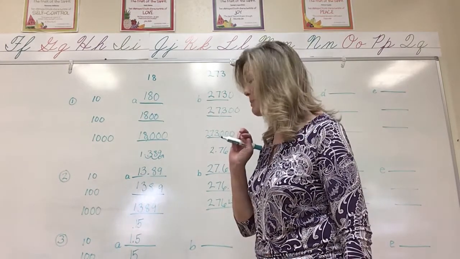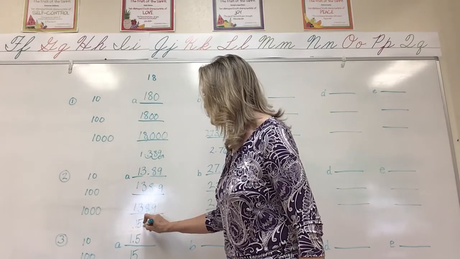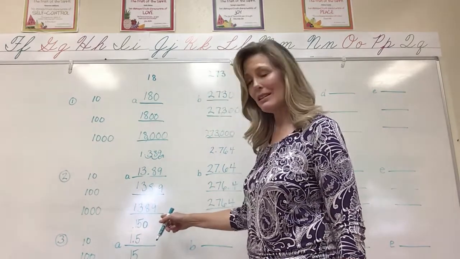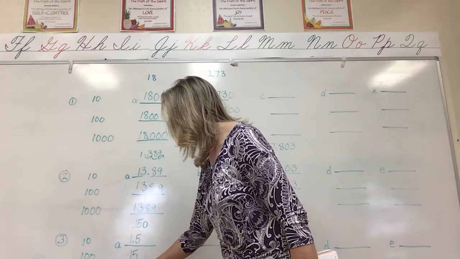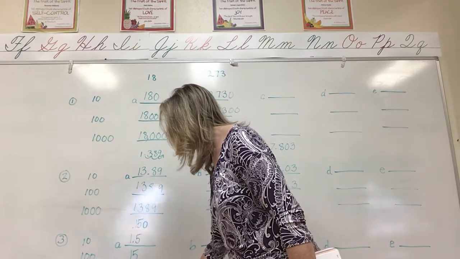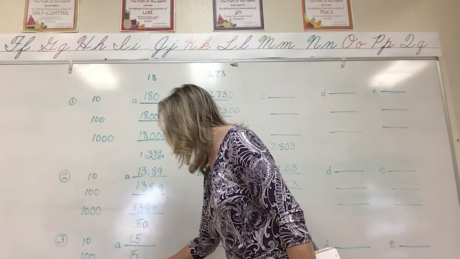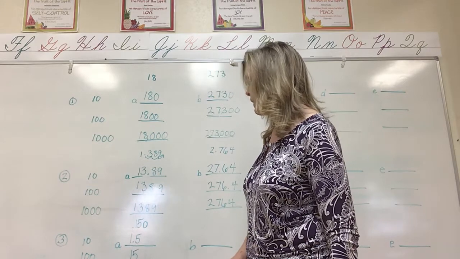If I multiply by 1,000, I have to move it three places. Now, I don't have three places, so remember, I can annex a 0 and then move it. I don't need the decimal, because I'm moving it to the right. 1,500. Okay.